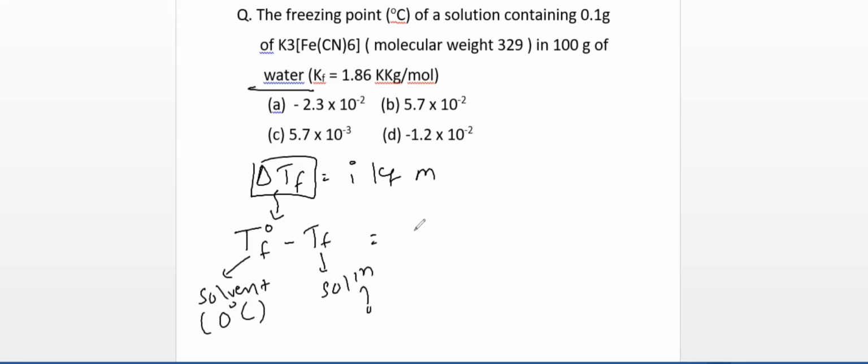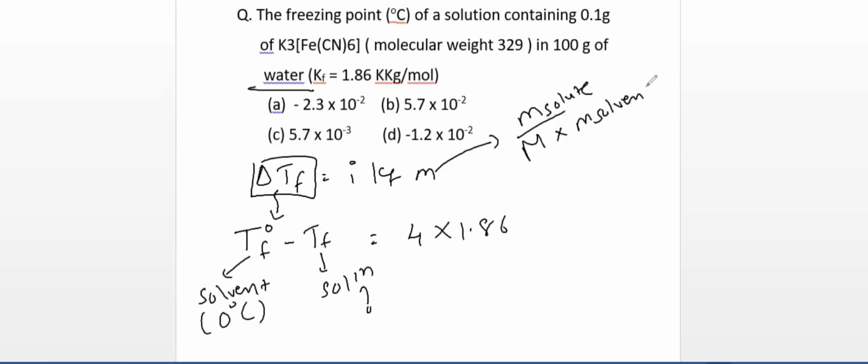The i value, we just found out, is 4 because of complete dissociation. Kf is 1.86. Now regarding molality, molality is nothing but mass of solute upon molar mass of solute into mass of solvent in kilogram.